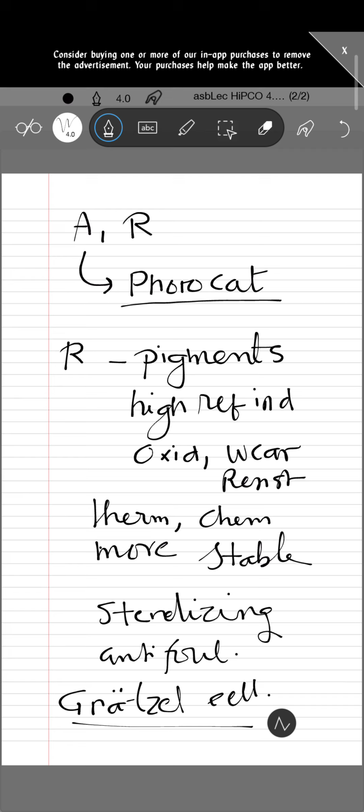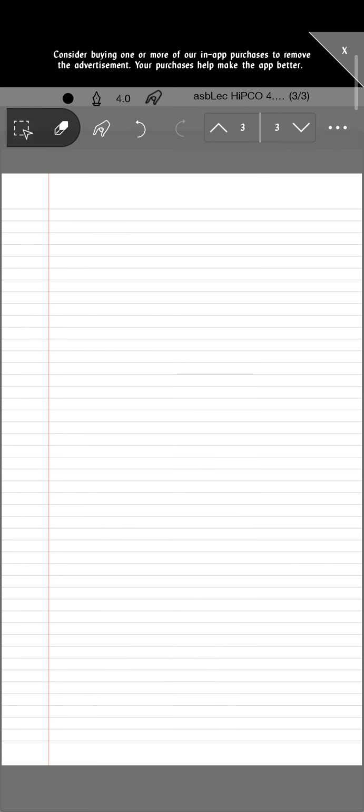Now, this anatase phase, as we have said, has photocatalytic activity, but this photocatalytic activity is more prominent in ultraviolet light. So whenever you need to clean water, you need to have a certain supply of UV light.